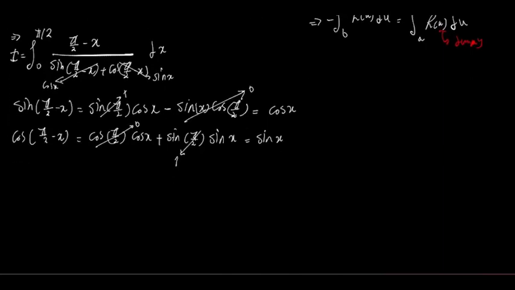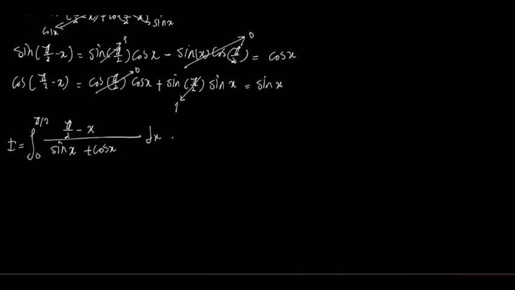So let's see what we can do. Now again, I is equal to the integral from 0 to pi over 2 of pi over 2 minus x over cosine plus sine, and since addition is commutative, we can exchange them: sine of x plus cosine of x, dx. This integral can easily be separated into two different integrals.